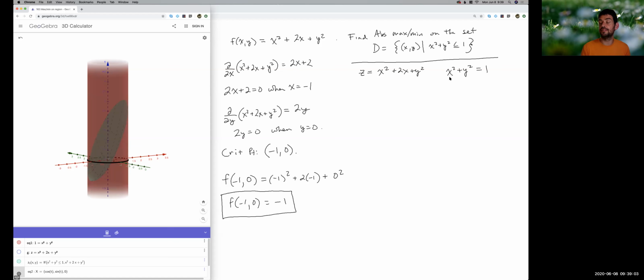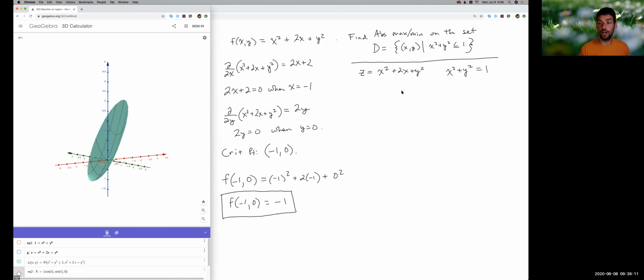Well, all the points on this cylinder, because they're on this cylinder, means that x squared plus y squared is equal to 1, right? In other words, on the boundary, I can take this equation, and if I wanted to evaluate z just on the boundary, because at the boundary x squared plus y squared is 1, then it's easier to evaluate z on the boundary by saying, well, I already know x squared plus y squared is 1, I just have to add 2x.